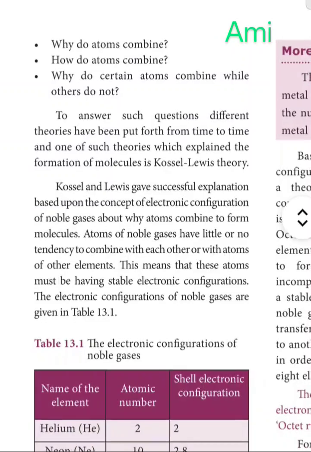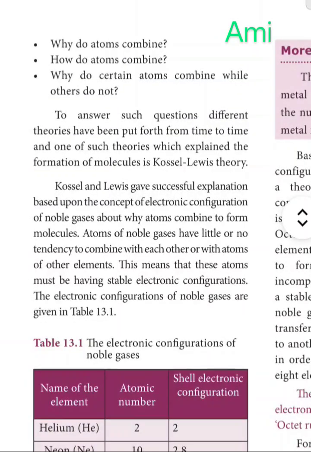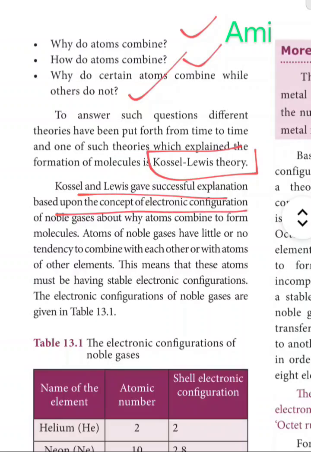Here are some common questions: why do atoms combine, how do atoms combine, why do certain atoms combine while others do not. To answer such questions we need to understand the Kossel-Lewis theory. He gave a wonderful explanation based on the concept of electronic configuration of noble gases.